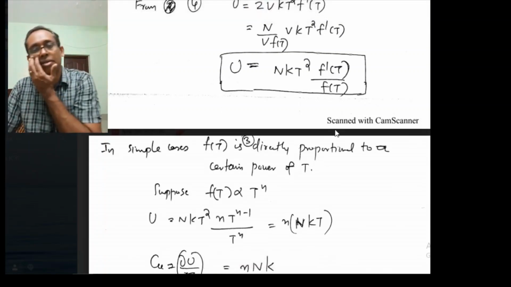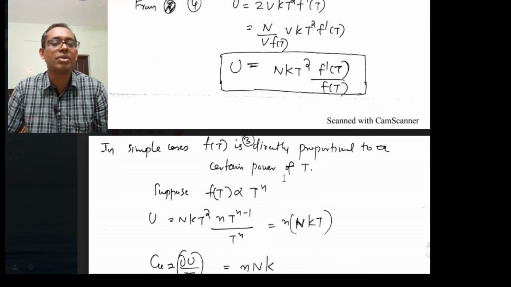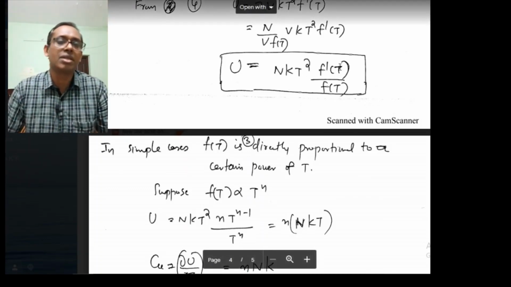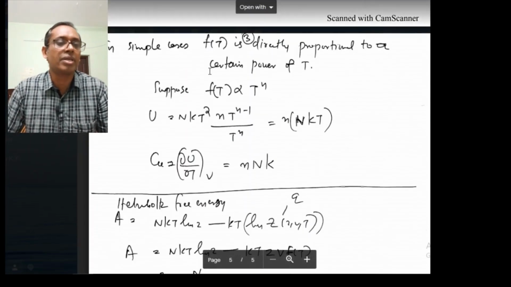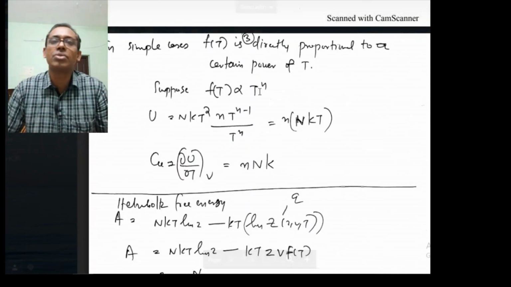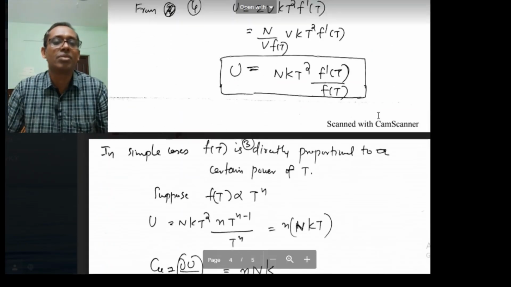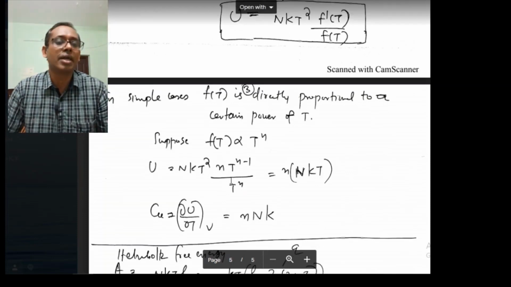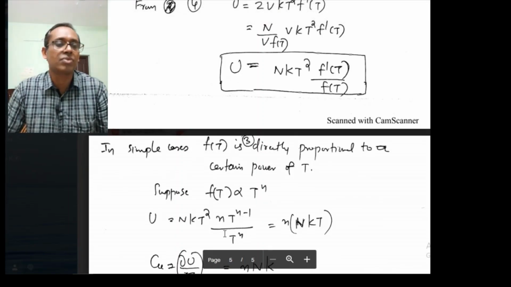Now in simple cases, this f(t) for an ideal gas is directly proportional to a certain power of T. So I can write f(t) as proportional to T to the power n. So f(t) is T^n, and f'(t) will be nT^(n-1).